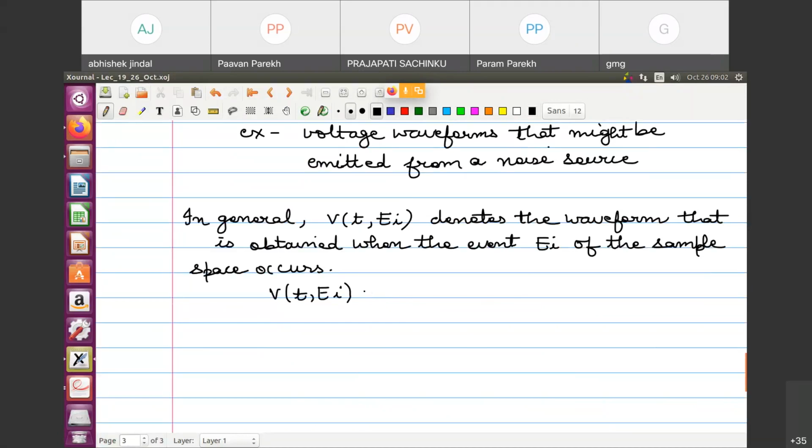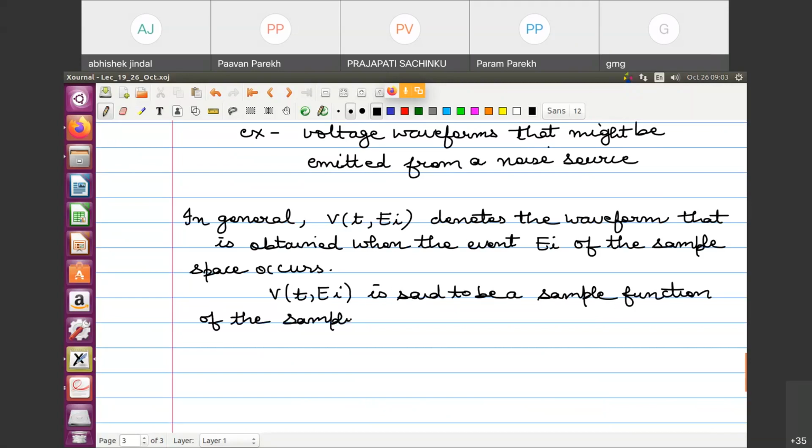is said to be a sample function of the sample space.